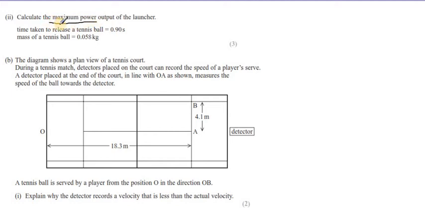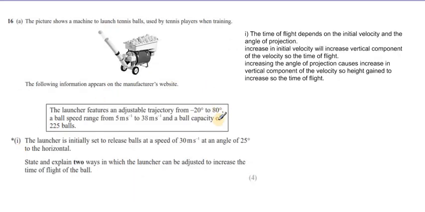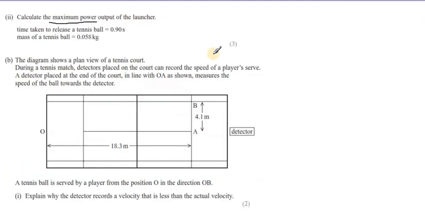So remember, maximum power depends on the maximum speed, and if you go back, its maximum speed is 38 meter per second. So you can say that at maximum speed of 38 meter per second you will have maximum power.